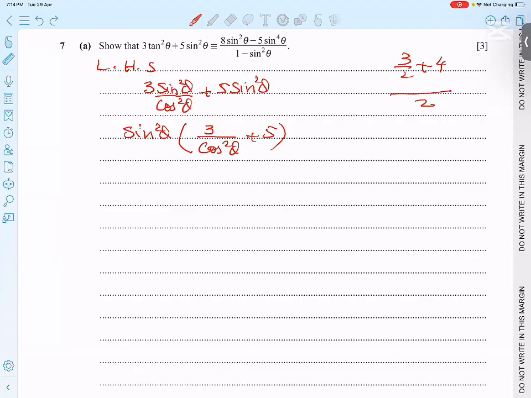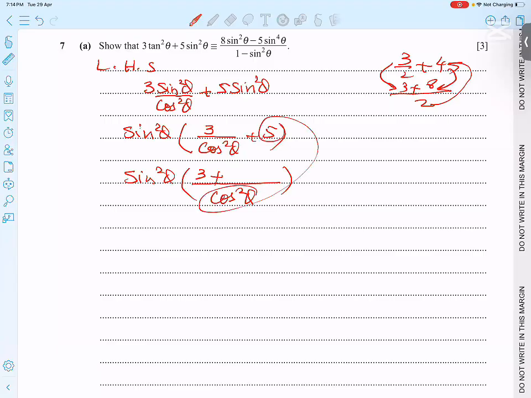So the upper number 3 will be copied, plus the 5 will multiply, and we'll get it here. Same story here. I will write sine square outside. Inside, the LCM is cos square theta because it's the same. So the upper 3 is the same, and this multiplies with a 5, so 5 cos square theta.